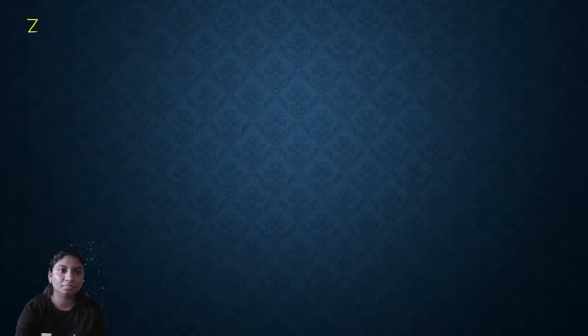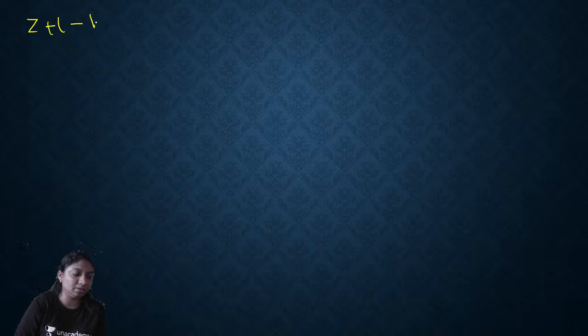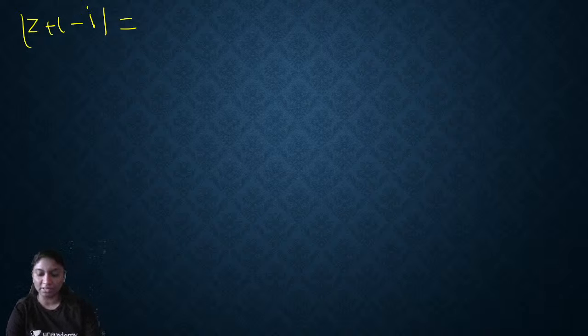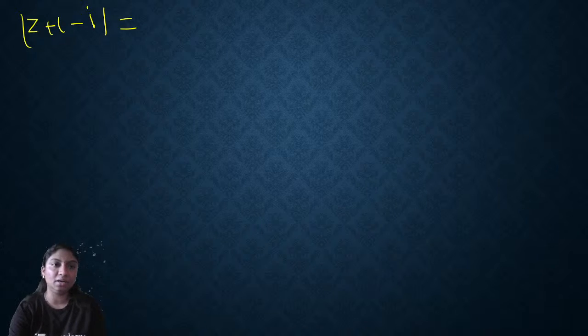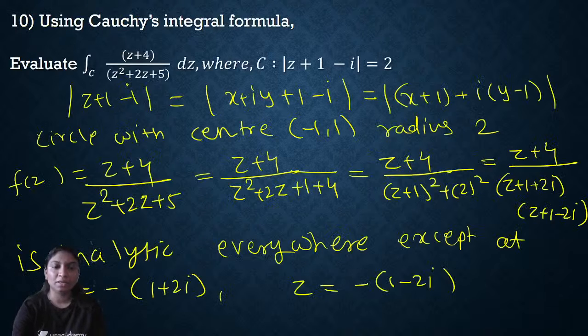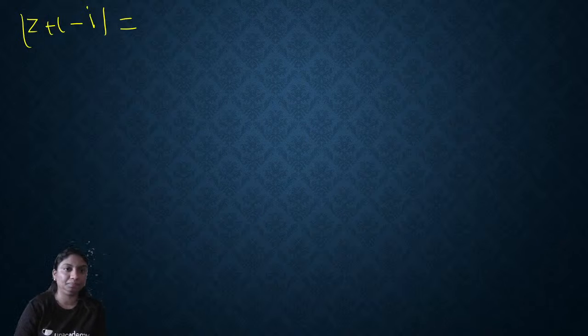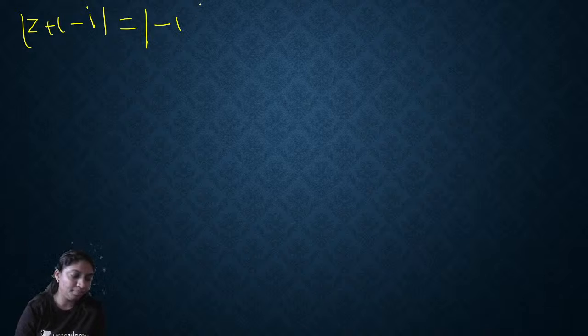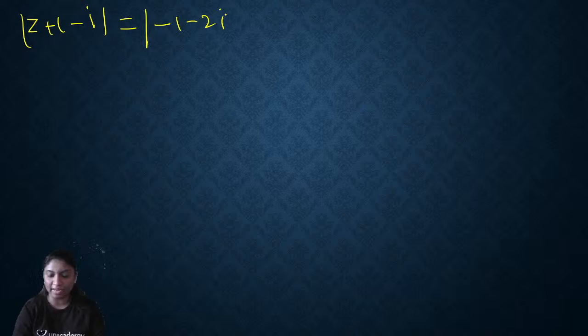So for the circle C, z plus 1 minus i, we will get mod of z plus 1 minus i. So here we will take the first point z is equal to minus 1 minus 2i. We will take any point here.